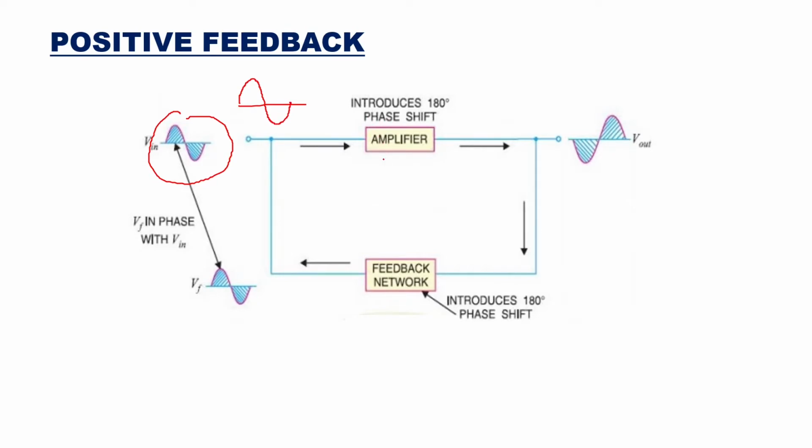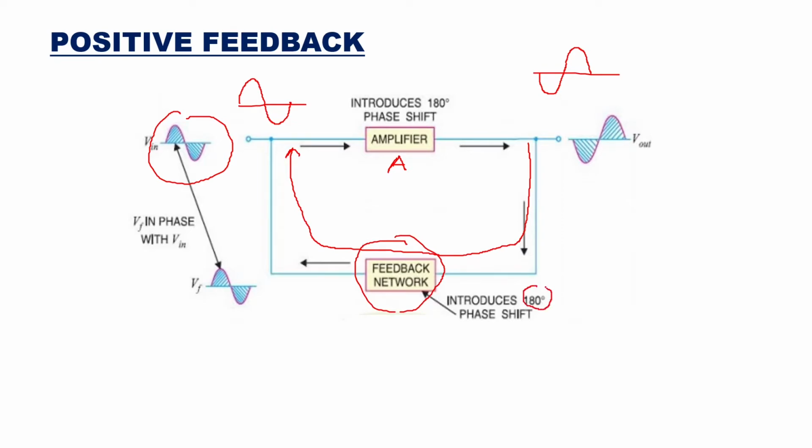Then it goes through the amplifier, which amplifies it, and the output will be 180 degrees phase shifted. That is, positive will become negative and negative will become positive. Then as you give the feedback from the output to the input, the feedback circuit has to introduce another phase shift of 180 degrees.